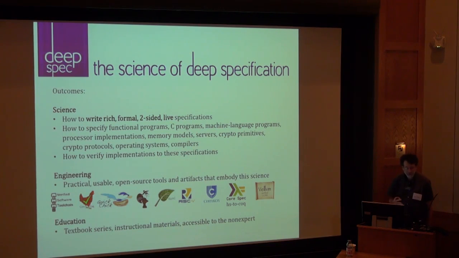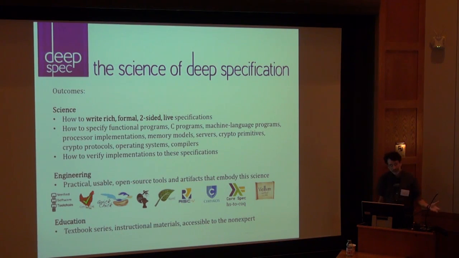The science of deep specification. We want to do the science of how to write rich, formal, two-sided, live specifications, how to specify and verify functional programs, C programs, machine language programs, processor implementations, memory models, servers, crypto primitives, crypto protocols, operating systems, compilers, databases, and so on.